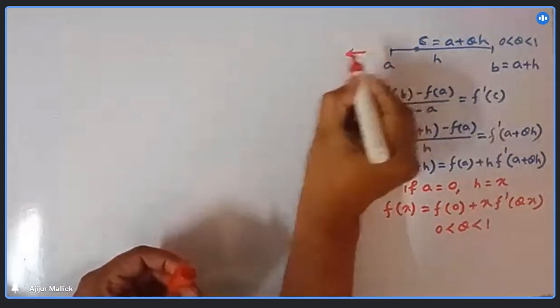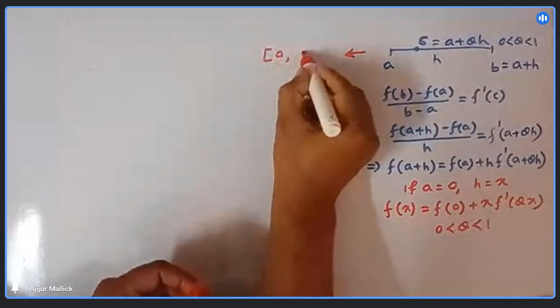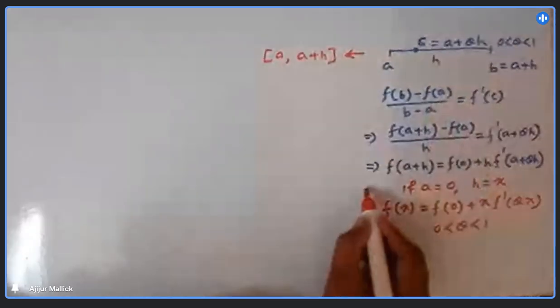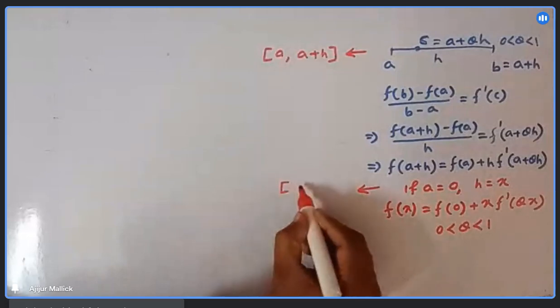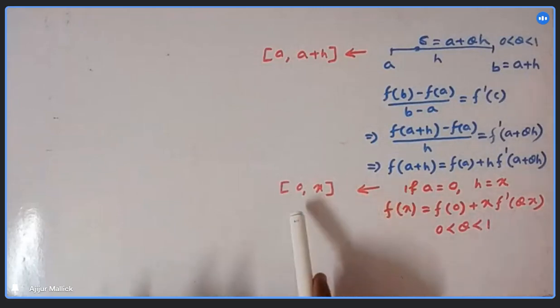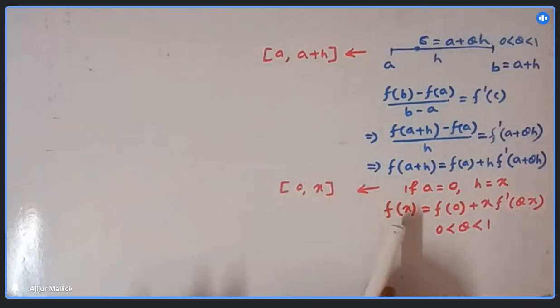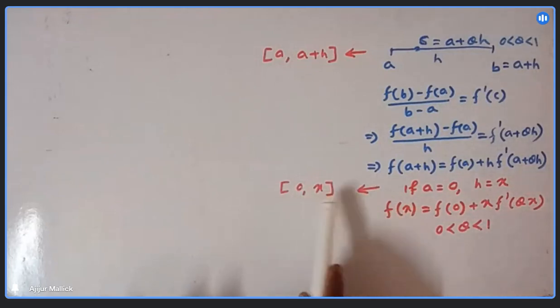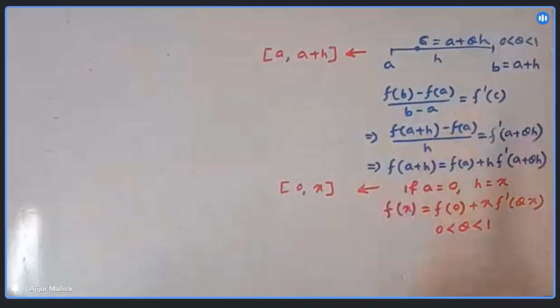Look, in the first expression the interval is a to a plus h. And in this expression the interval is 0 to x. So when in a question you get an interval 0 to x, you will use this formula, and otherwise you have to use the other formula. So the particular form is very important.